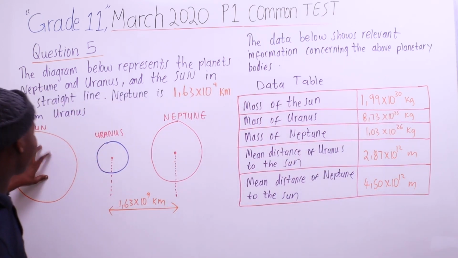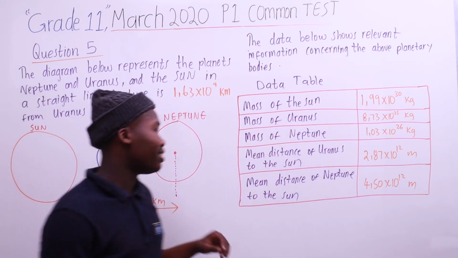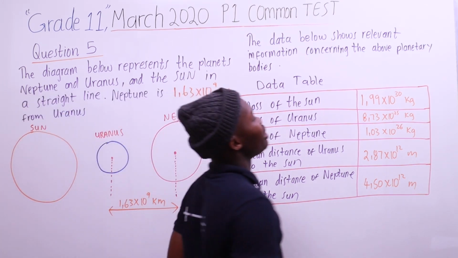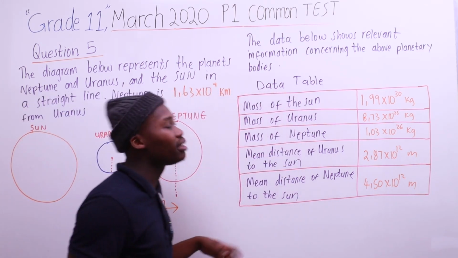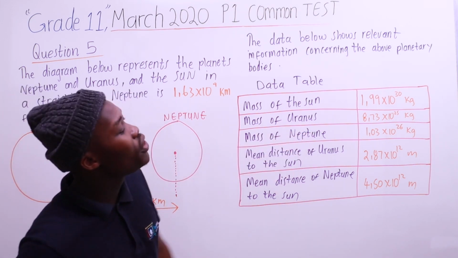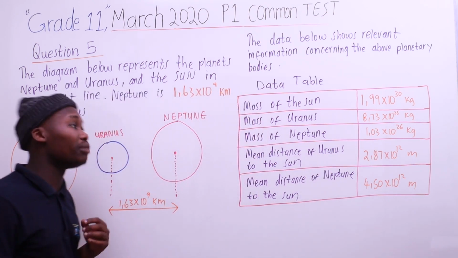We also have the mass of Uranus as 8.73 times 10 to the power 25 kilograms. We have the mass of Neptune as 1.03 times 10 to the power 26 kilograms.